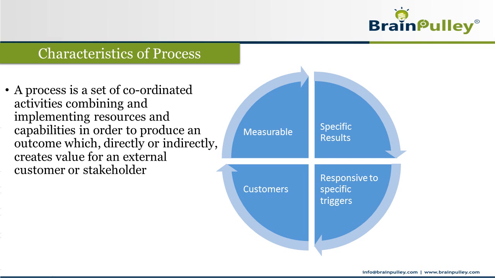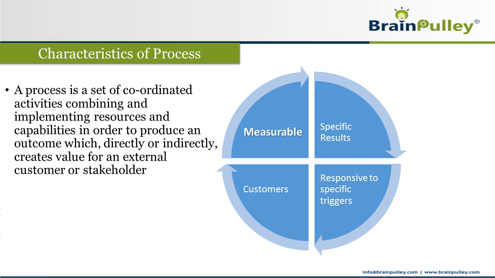A well-defined process can improve productivity within an organization and functions. There are 4 characteristics of a process which have been defined in this particular course. The first is measurability: a process is measurable, and we are able to measure the process in a relevant manner.